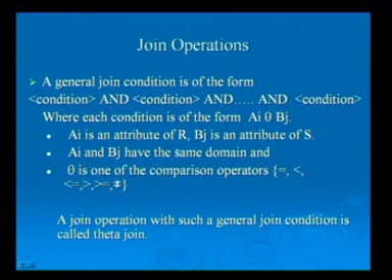Ai is an attribute of one relation, let us say R, and Bj is an attribute of the other relation, that is S. To have this Ai theta Bj condition, Ai and Bj should be from the same domain, and theta could be one of these comparison operators: equal, less than or equal, greater than or equal, or not equal. A join operation with such a general join condition is called theta join.